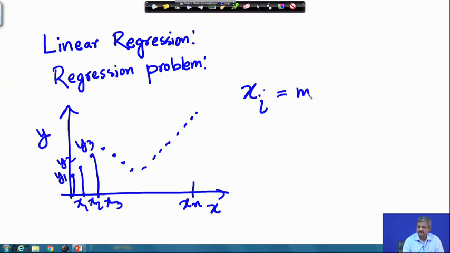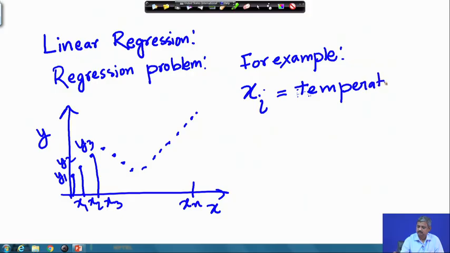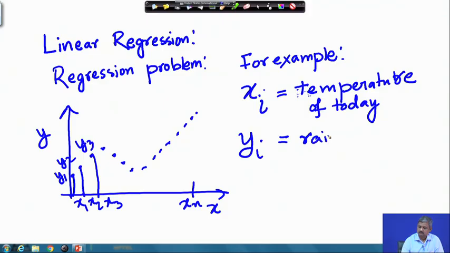Say xi is the temperature today of a certain place, and yi can be the rainfall volume tomorrow. All right. There can be other examples also.